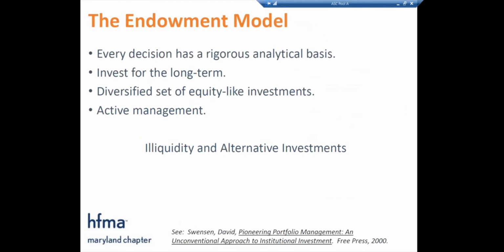The other is to invest for the long term, and endowments in particular have oftentimes what could be considered an infinite time horizon. And so they have an ability, along with other long-term pools, to invest over a 5, 10, 15-year time horizon, whereas most participants in the markets are focused on, frankly, next quarter's earnings or maybe a year out company earnings at the most.